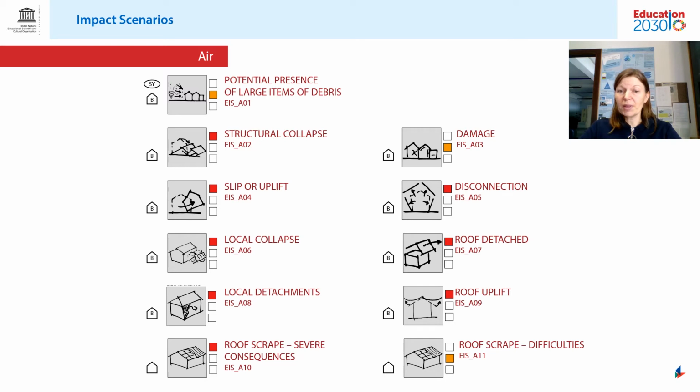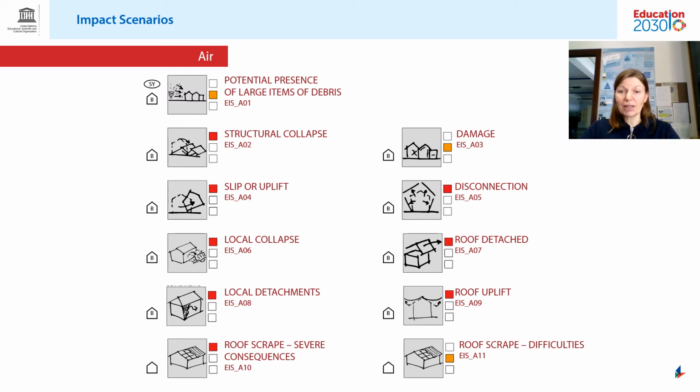Or there could be the disconnection of the different parts of the building, so of the walls, of the roof, and so on. There could be local collapses of some portion of the buildings, or, for example, very often the roof can be detached from the structure and fly away.